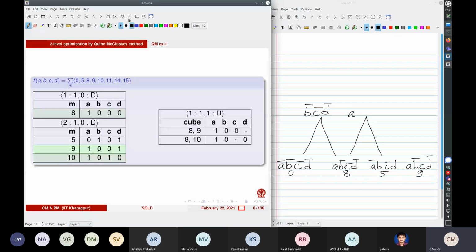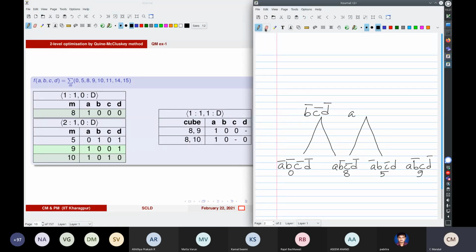Sorry about that. 8 and 5 are not adjacent at all. 8 and 9 are adjacent. 1, 0, 0, 1. When I combine this, B is dropped.